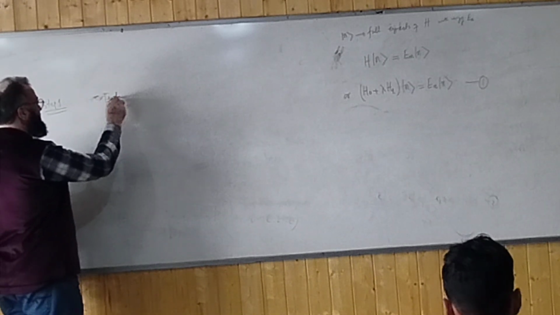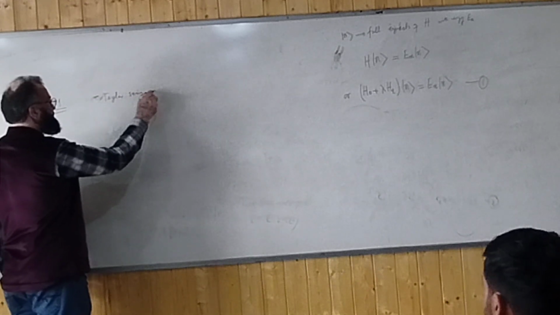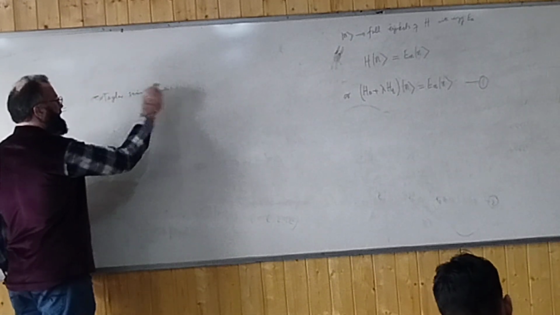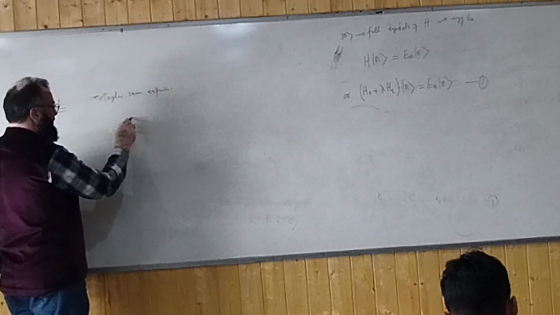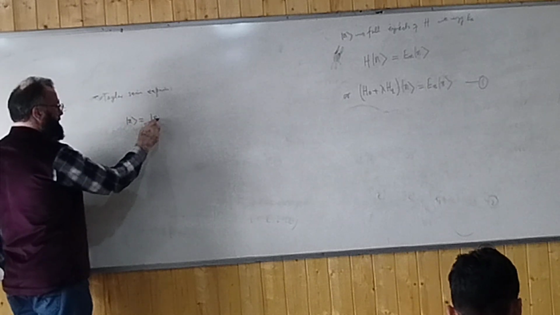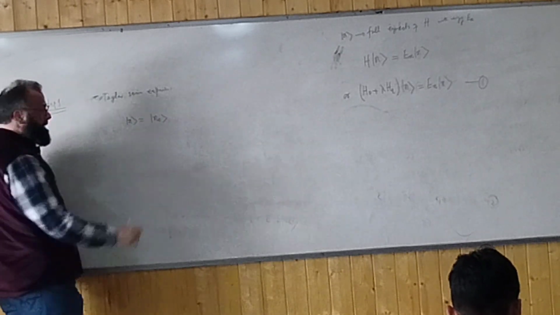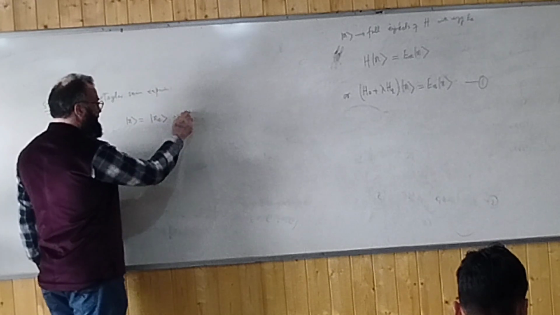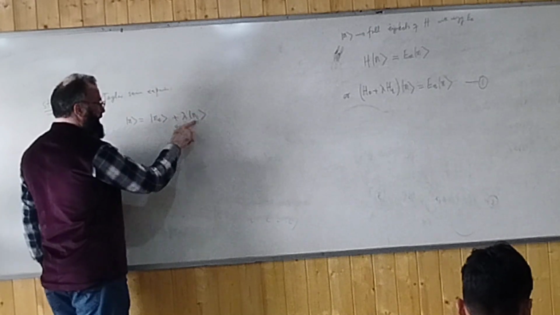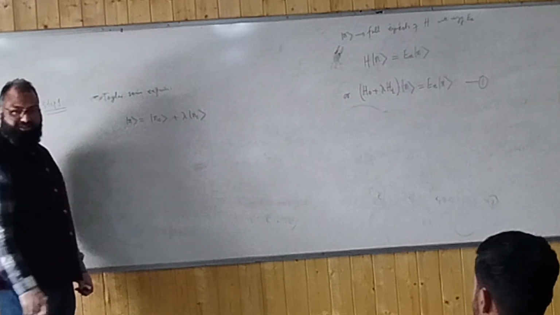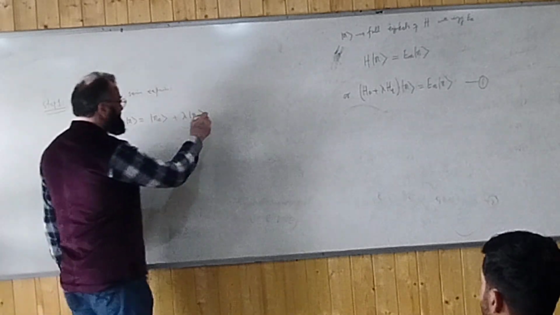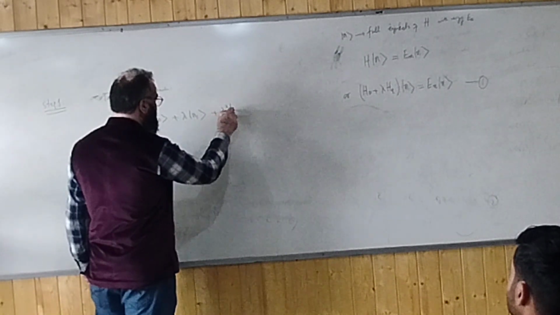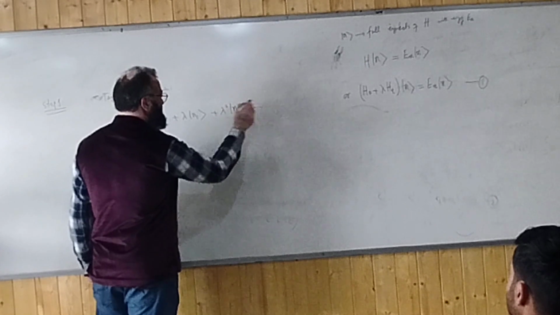You put |n> equal to the unperturbed ket |n0>, then lambda |n1>, where n1 means the first order correction, then lambda square |n2>.